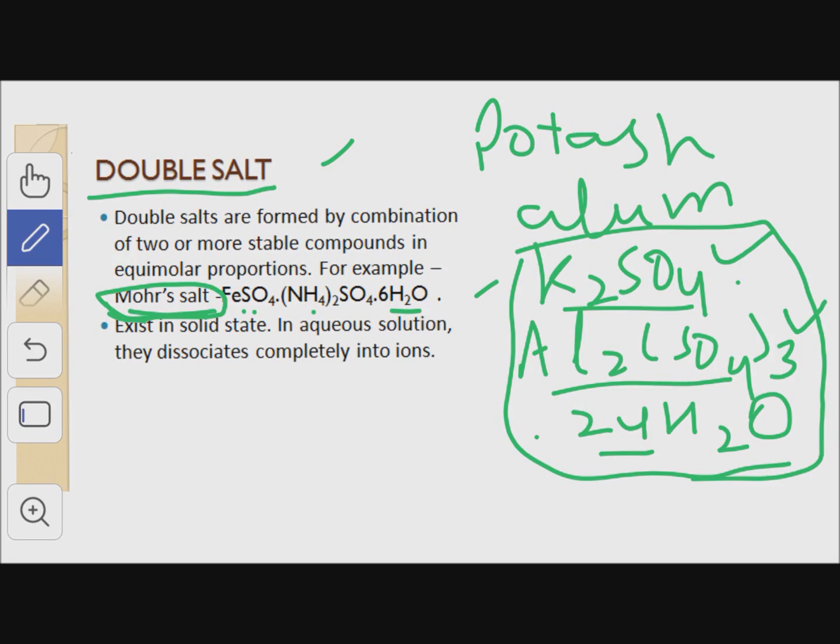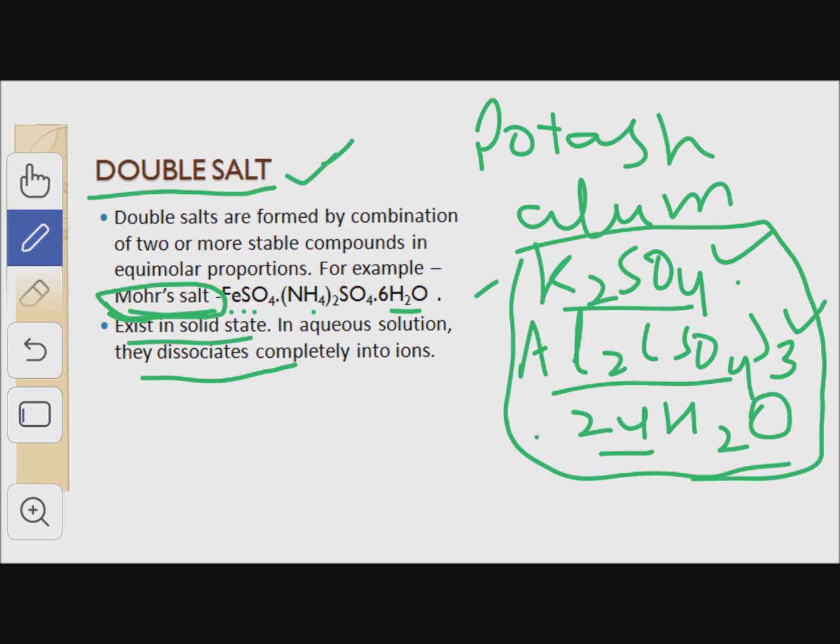crystallization. Double salts always exist in the solid state, and in aqueous solution they dissociate completely into ions, meaning there is 100% dissociation of compounds into ions. And in a double salt, the metal ions like Fe show the normal valency.